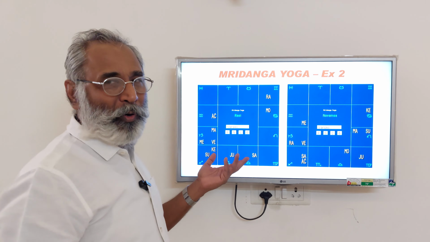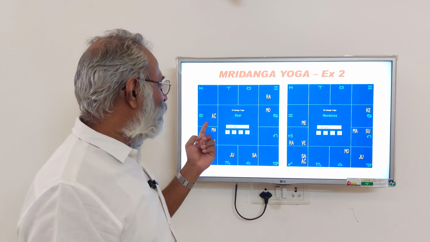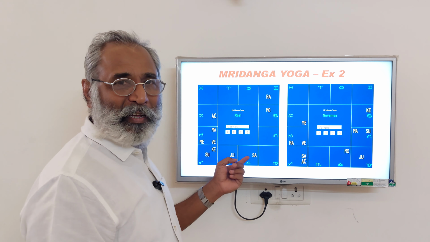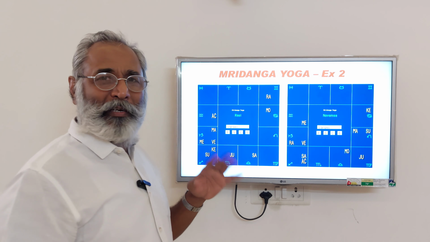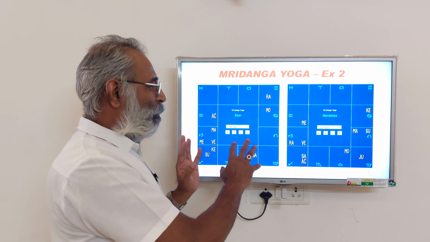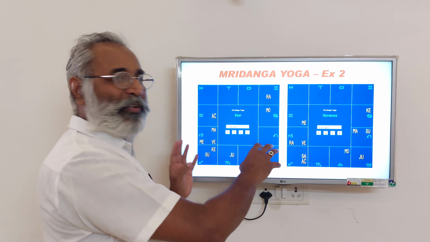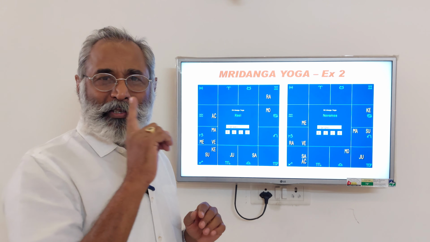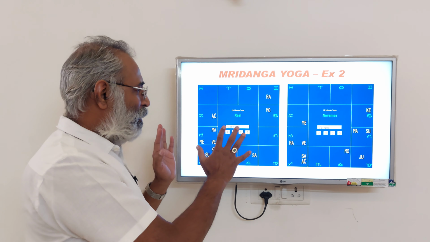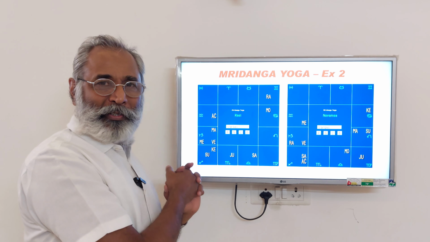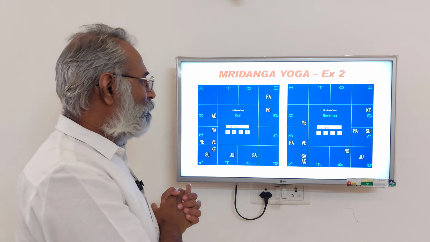So here both are the same. The ascendant lord itself is in a trine, that is the 9th house, and it is exalted. So the definition is fully verified. Mridanga Yoga is there as per Brihat Parashara Hora Shastra.